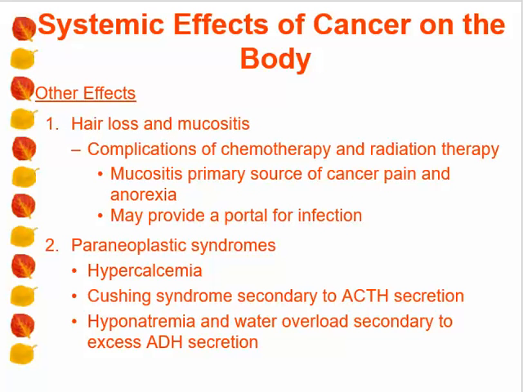The hair loss and mucosa inflammation are complications of these things because of chemotherapy and radiation, because these tissues are actively in mitosis a lot of the time, and that's the target of both chemo and radiation.